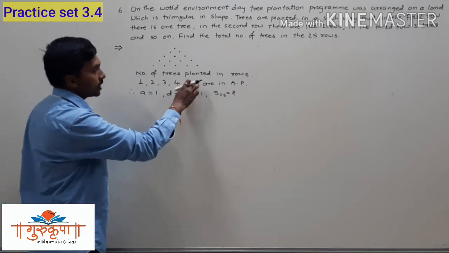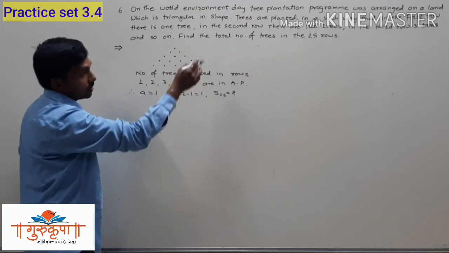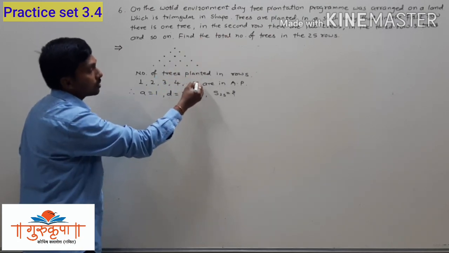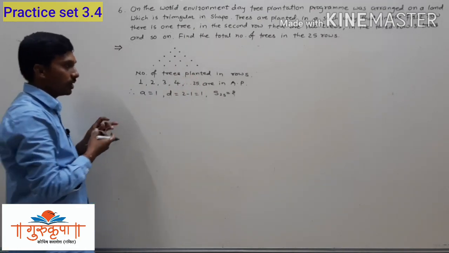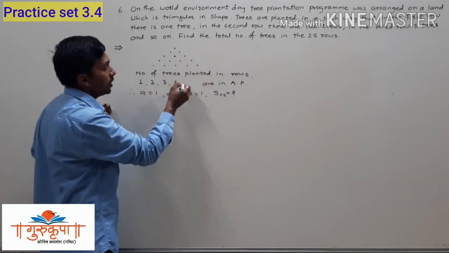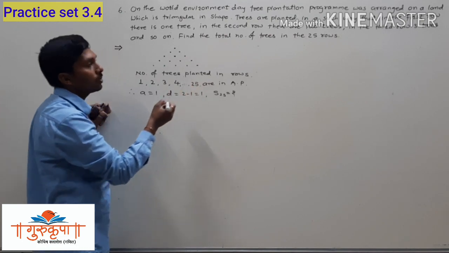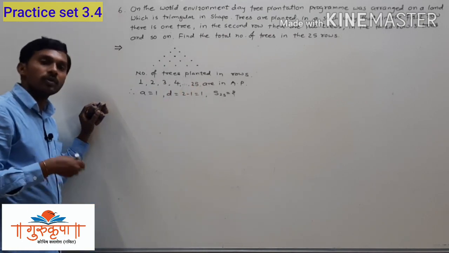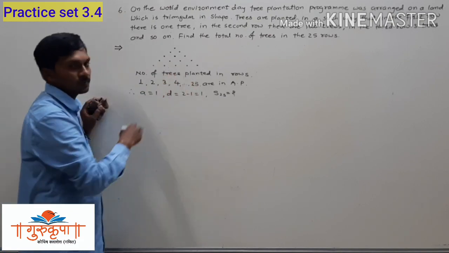So here we can write the number of trees in the last row. Since the last row is the 25th row, here we can use 25 as the last term of that AP. Since there are 25 rows, in the 25th row 25 trees are there. So we know the first and last term.